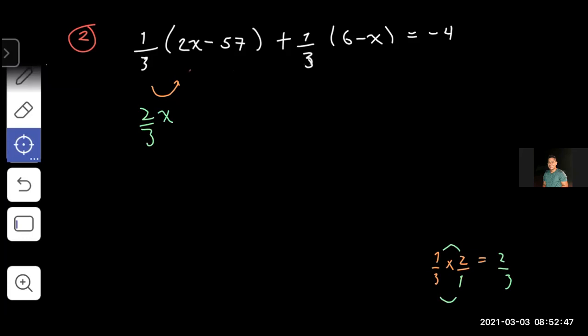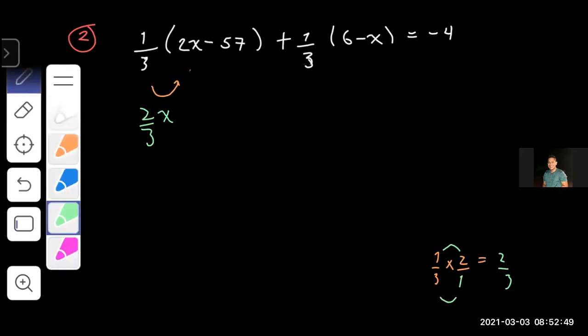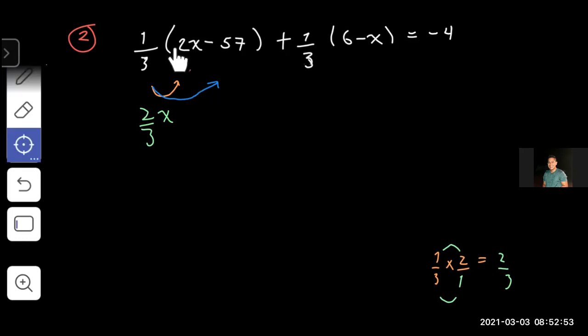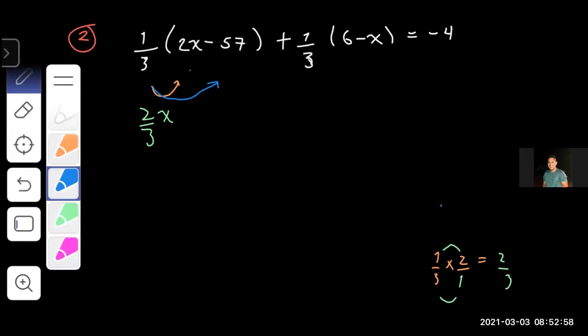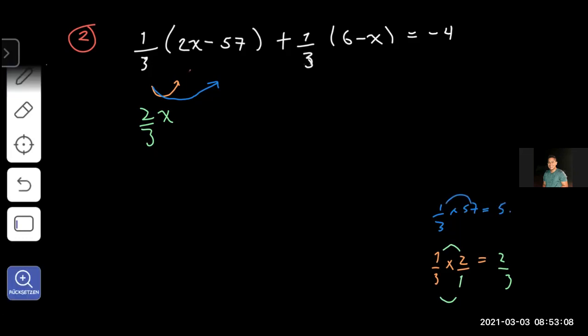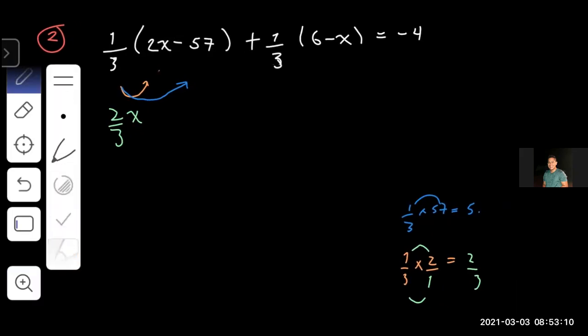1/3 multiplying 57. Let's try to do that one. If you don't know how to do it, guys, 1/3 times 57. I'm going to copy it. What is that equal to? 1 times 57 is 57 over 3, where we added 1 and 1 times 3 is 3. 57 divided by 3, guys, can we simplify that?